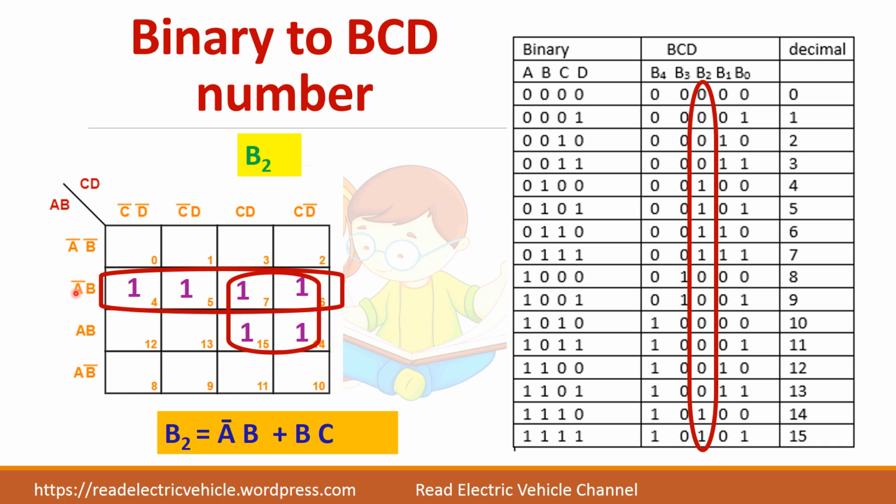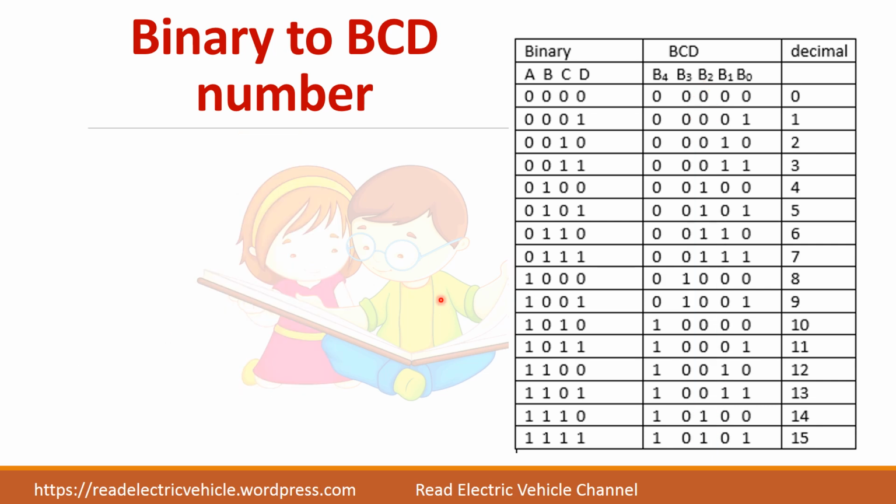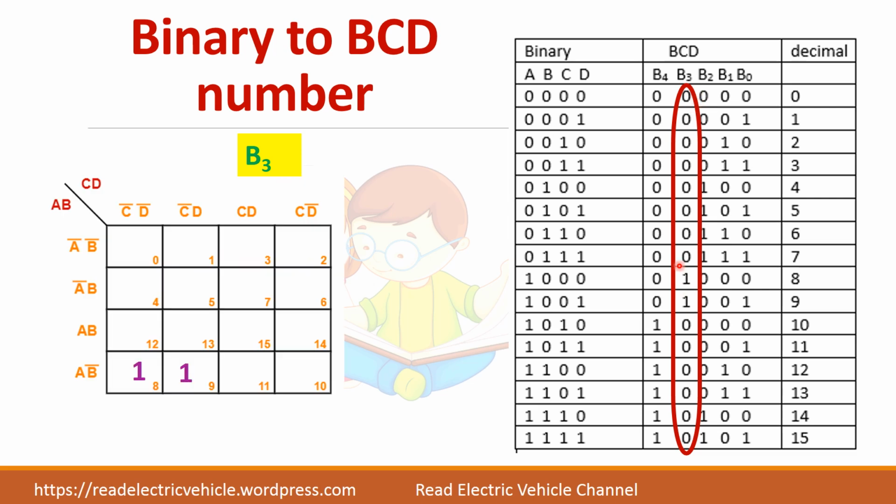So the common term here is A bar B. For this one it is BC. Next we have to find for B3. So B3, only 2 ones are here. Mark that one, 8 and 9. Club it. So you will get A, B bar, and common term is C bar.